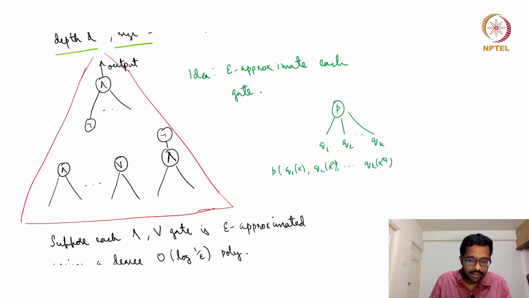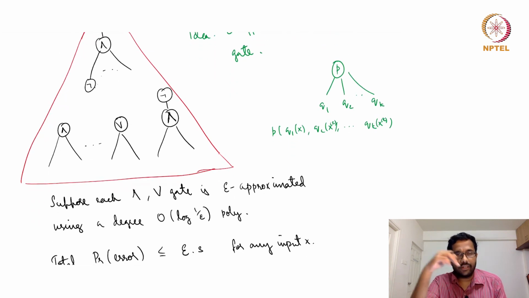So this is a size S circuit. Each one of the gates we are replacing with an epsilon approximation. Each of the gates, for any fixed input, can result in an error with probability at most epsilon. So there are S gates, each causing an error with probability epsilon.